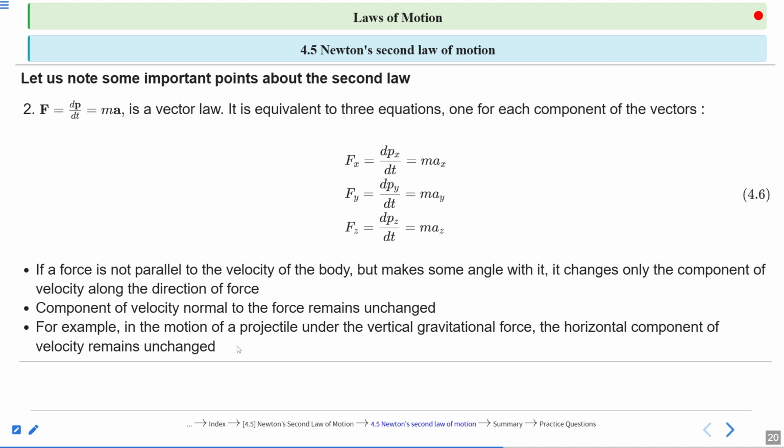Why does the horizontal component of velocity remain unchanged? Because in projectile motion there is no acceleration along x-axis. There is only acceleration due to gravity, vertically downward. That's why the horizontal component of velocity remains unchanged. Clear?